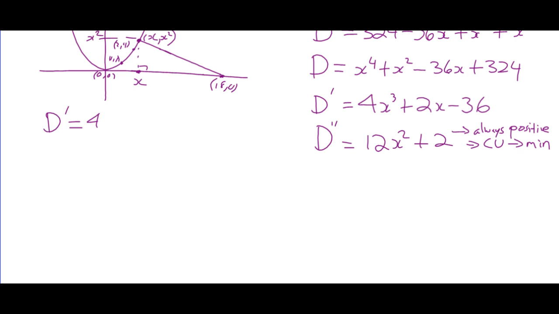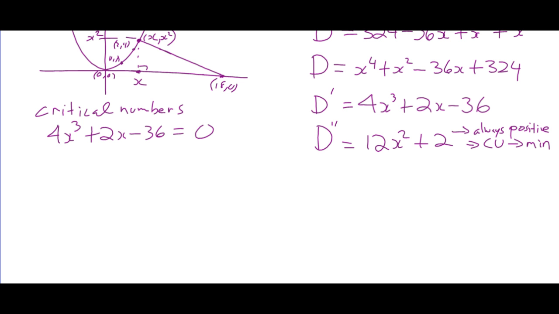Okay, so the critical numbers: 4x cubed plus 2x minus 36 is equal to 0. I don't think we can just straight out factor that, right? So we need an integral 0.